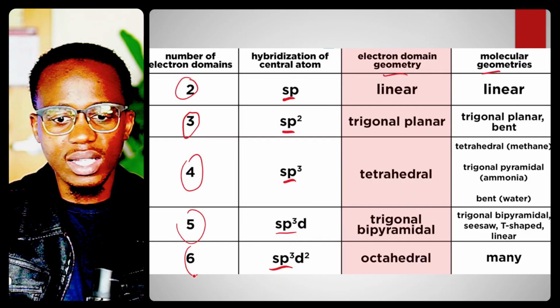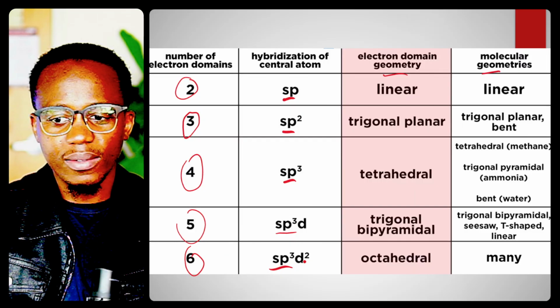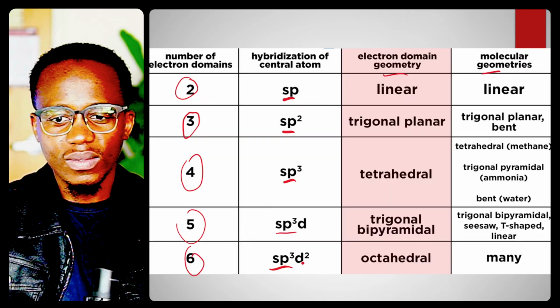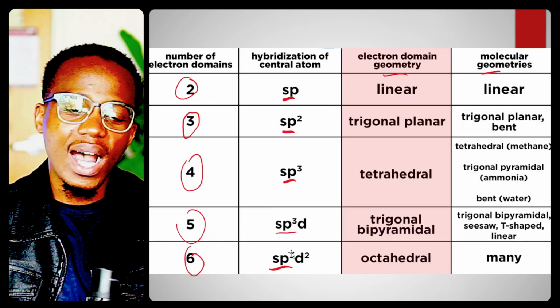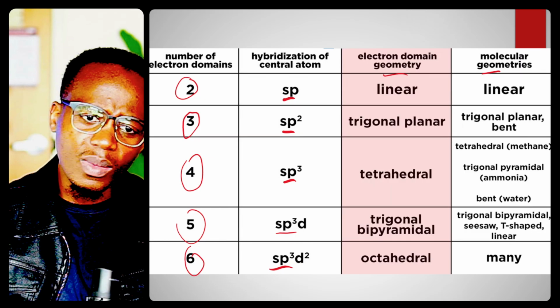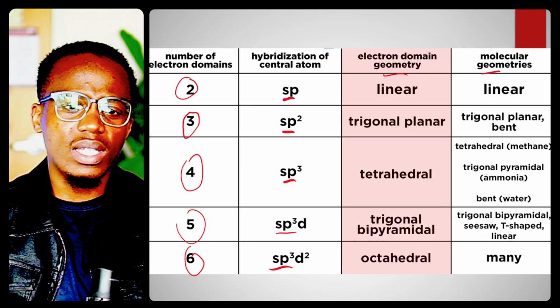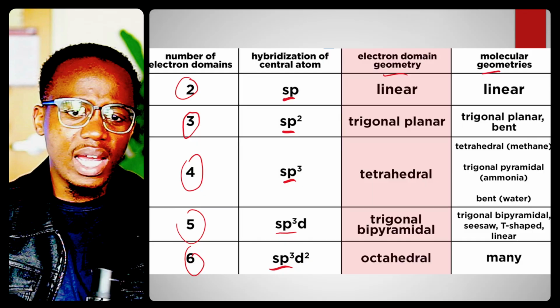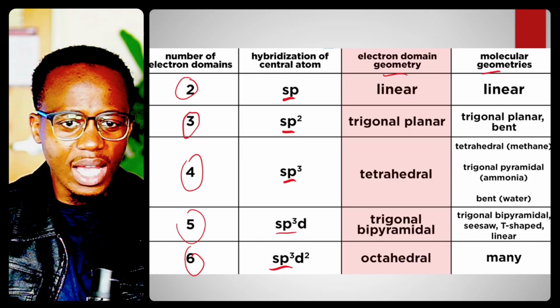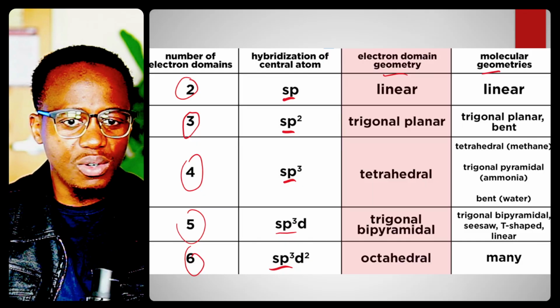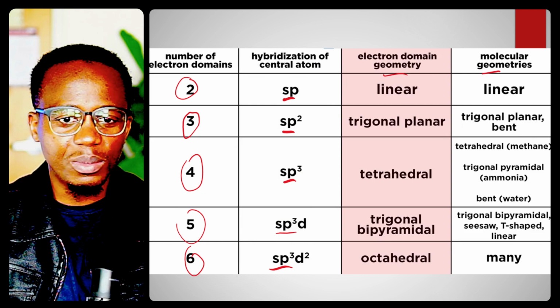And then you have six things, you have sp3d2. So if I ask you the hybrid, I don't want you to get confused in geometries. Now, the geometries are good and important to understand what is happening, but they tend to confuse people more than they help them.